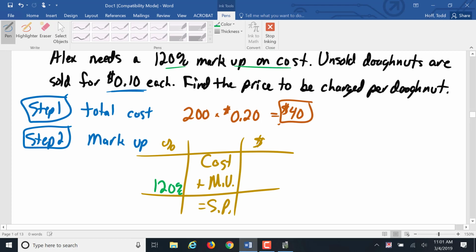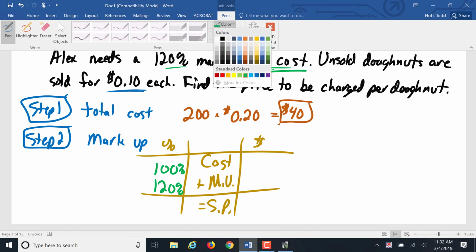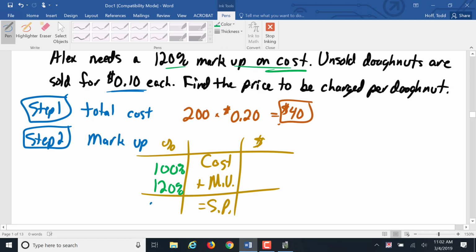So 120% goes in for the markup. Being on cost tells us 100% goes in for the cost. If we add those up, 100 plus 120, the selling price is going to be 220% of cost. For items like donuts where they are cheaper, the labor ends up being a larger expense than the materials, the ingredients. So that's why the large markup of 120%.